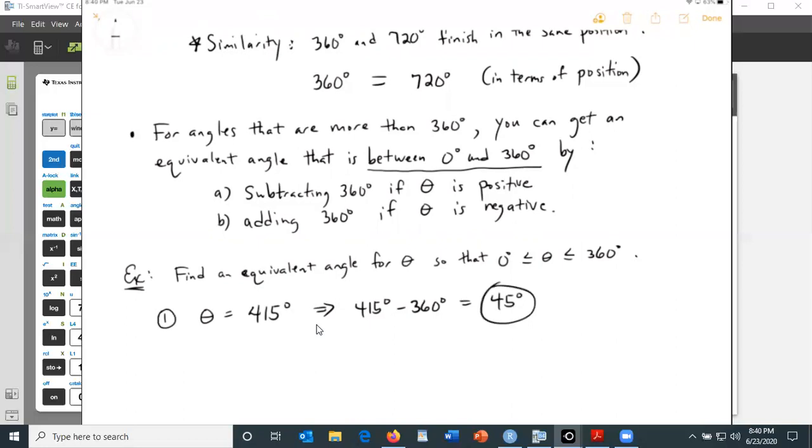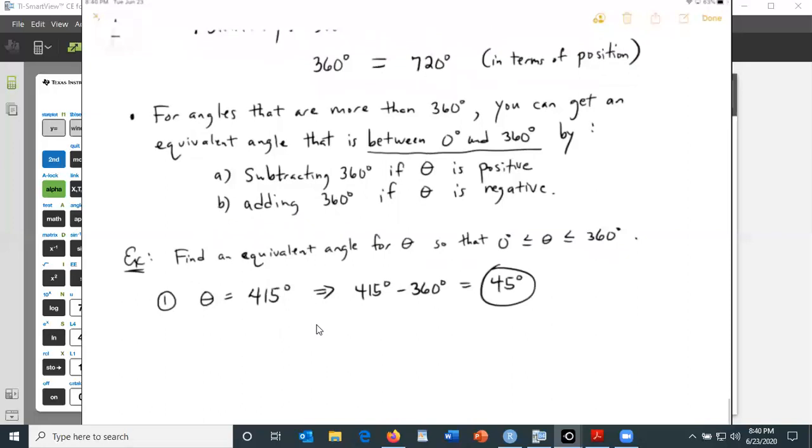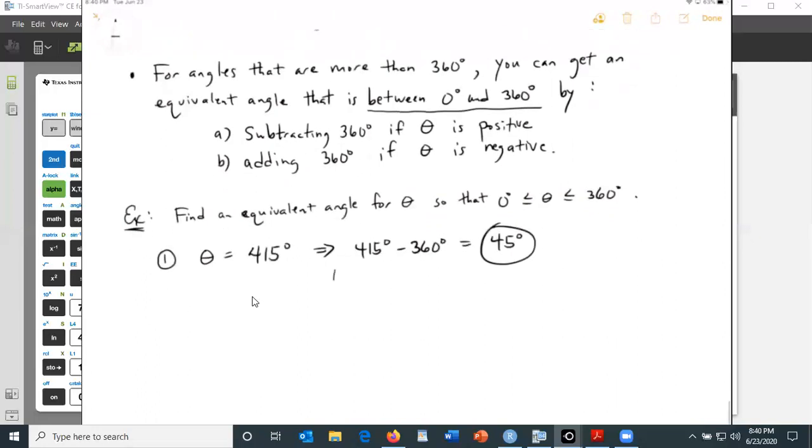So 415 degrees is really also 45. What's the difference? This is just 45 degrees rotated one more time all the way around. So how would that look? So we know that we'd have to start here. And 45 degrees would end up here.